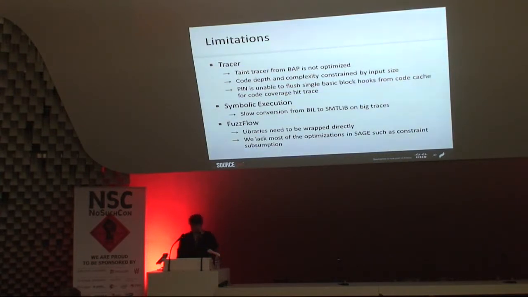Limitations: the taint tracer from BAP is not as optimized as it could be. The pin tool itself actually has a pretty long initialization, so we're working right now on a way to snapshot post-initialization of pin. If you have a large application where you're hooking every single instruction, it takes a while to parse the file, add all your hooks, and then put it in the code cache.